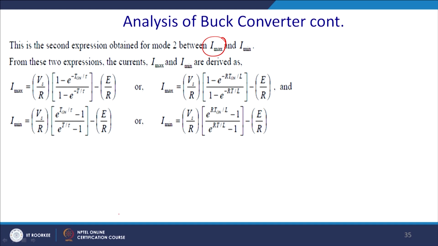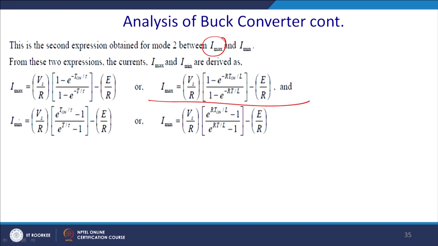So, for these two expressions you can equate. So, I max equal to Vs by R, 1 minus e to the power T on by tau over 1 minus e to the power T by tau, minus E by R, or you have these expressions.